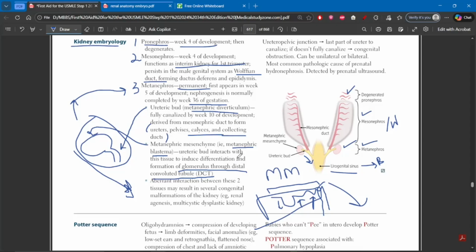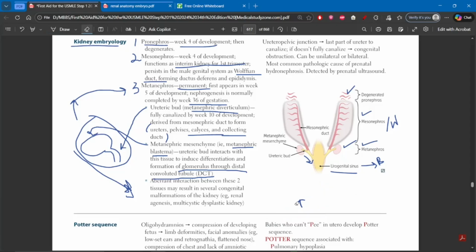So that is how you may remember: the first structure forms the first part, the second structure forms the second part. So let me clean these things.